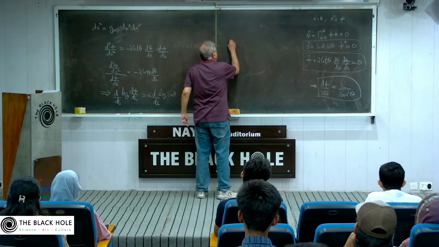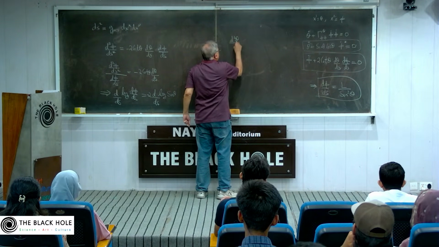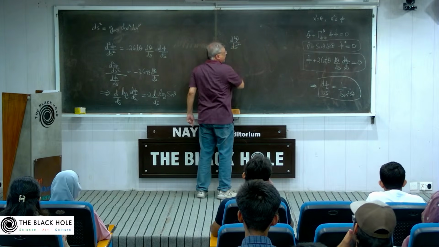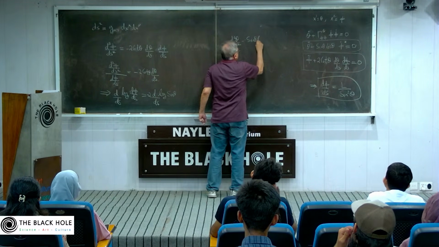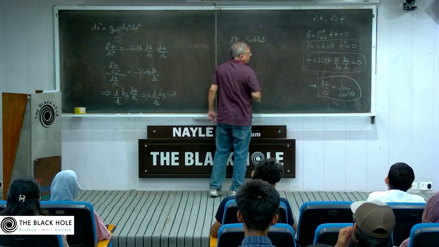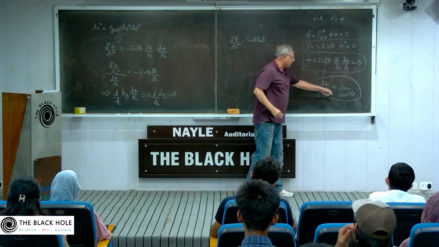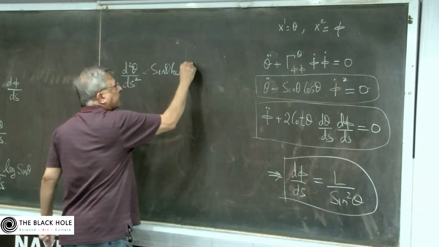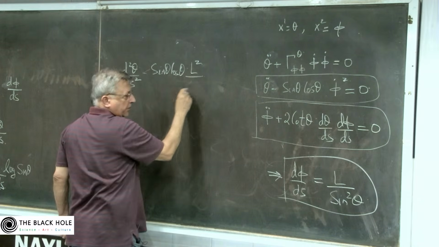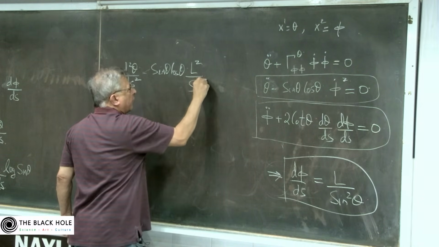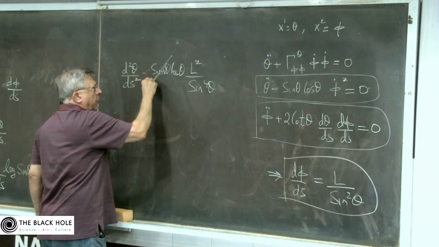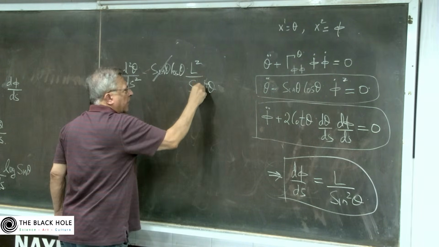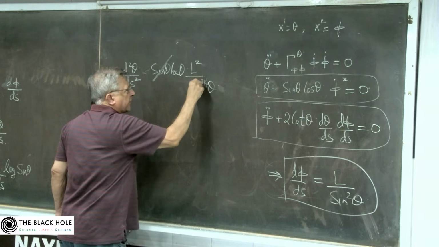So I have d2 theta ds squared minus sine theta cos theta phi dot squared, square of this. So L squared over sine to the power 4 theta. And one power goes and this becomes 3.